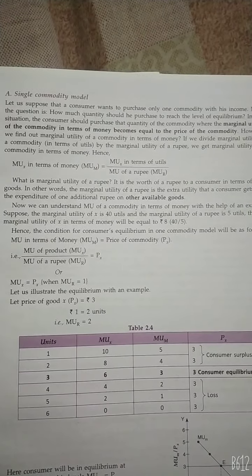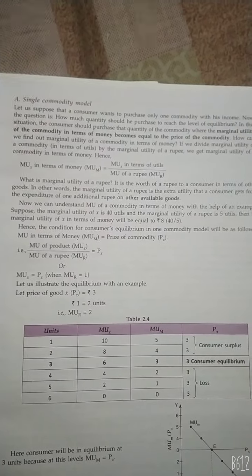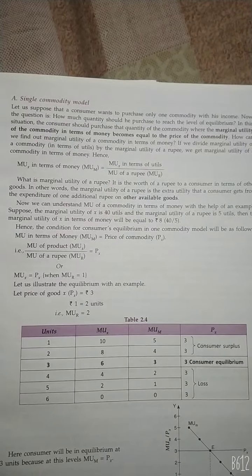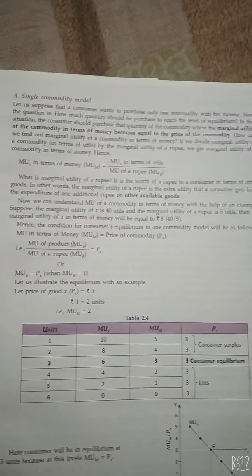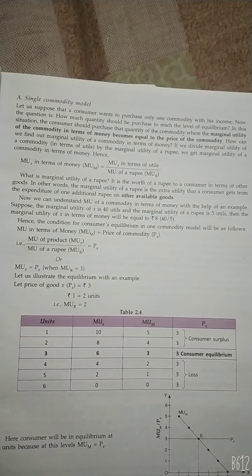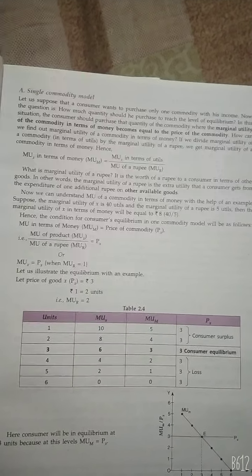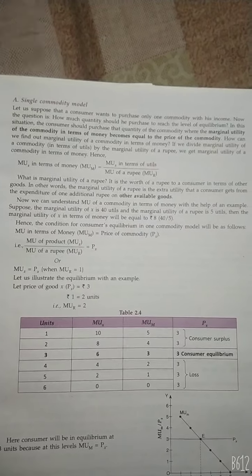Now we can understand marginal utility of a commodity in terms of money with the help of an example. Suppose the marginal utility of X is 40 utils and the marginal utility of rupees is 5 utils. Then the marginal utility of X in terms of money will be equal to 8, that is 40 divided by 5.